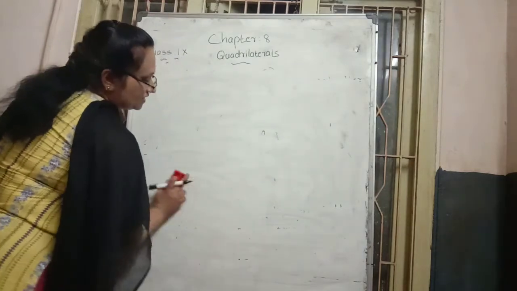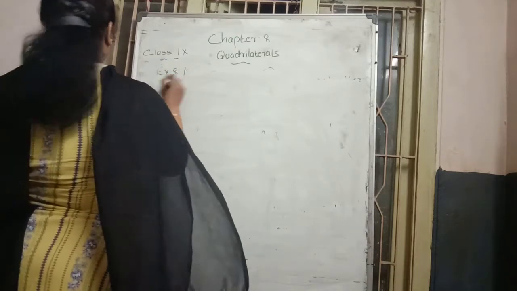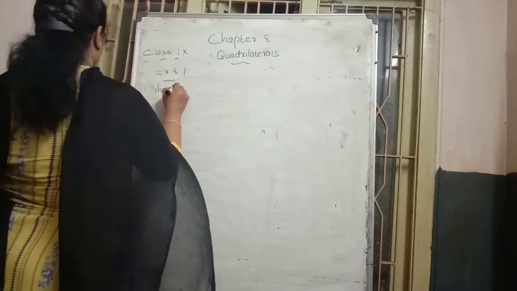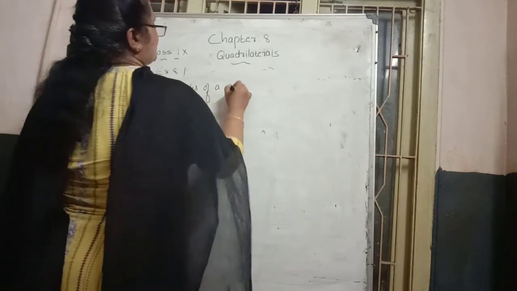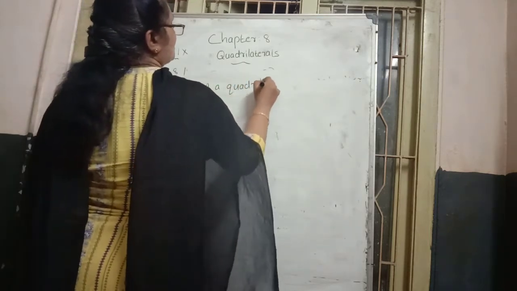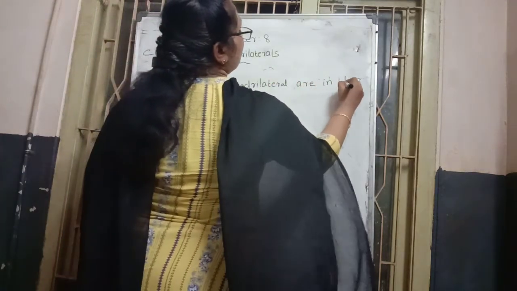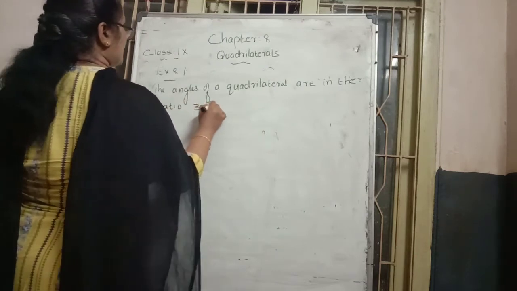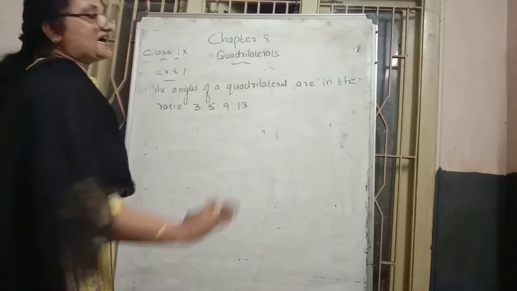The question says the angles of a quadrilateral are in the ratio 3:5:9:13. Find all the angles.